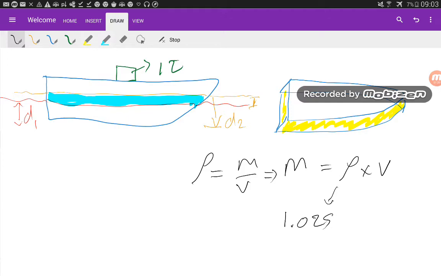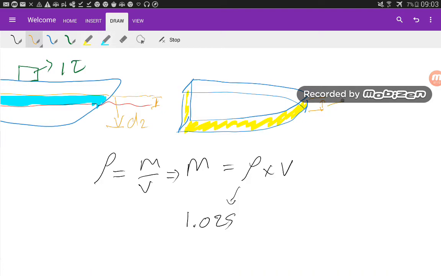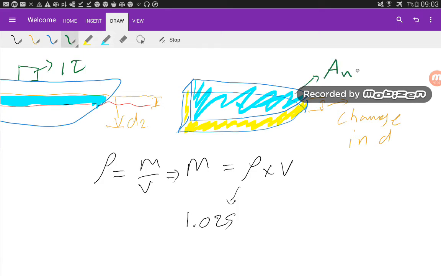Okay, so this prism, what we have in this one, this is the change in draft, and this area is what we call the water plane area, or AW.